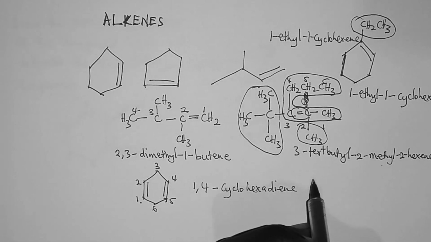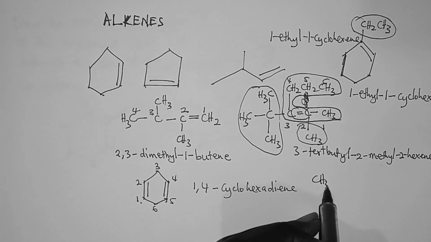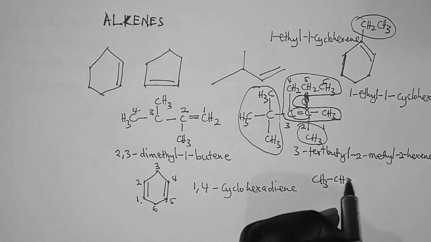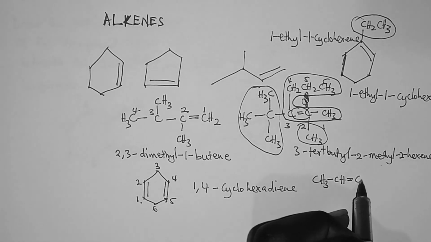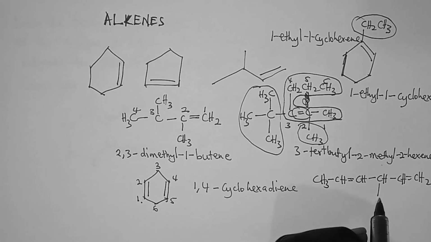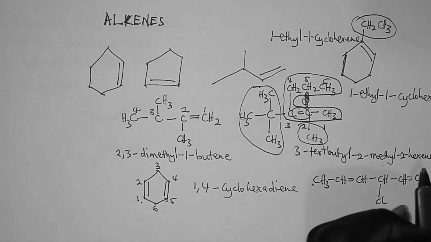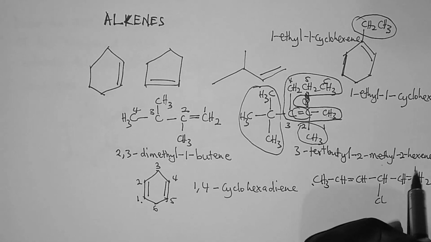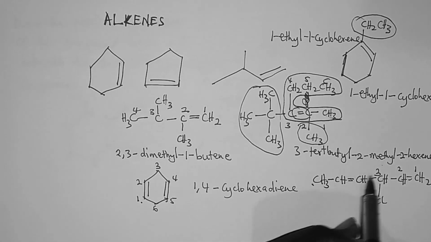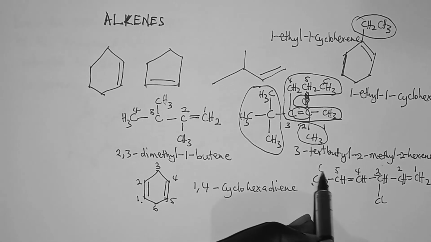Now let's also name this molecule: CH3C double bonded to a CH, and then there's a substituent here, a chlorine. Try naming this compound. Now you can see that this is the longest chain. However, there are two double bonds in this molecule, so it's going to be a diene. So let's number them. This is number 1, 2, 3, 4, 5, and 6.